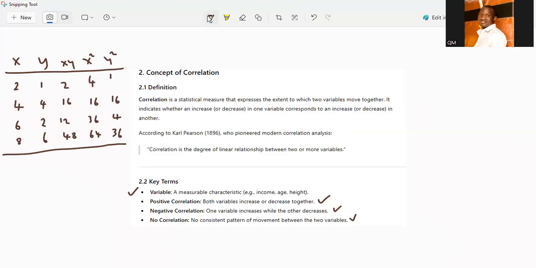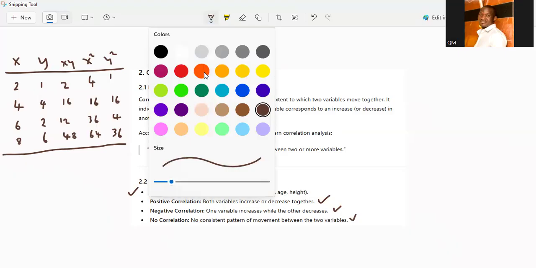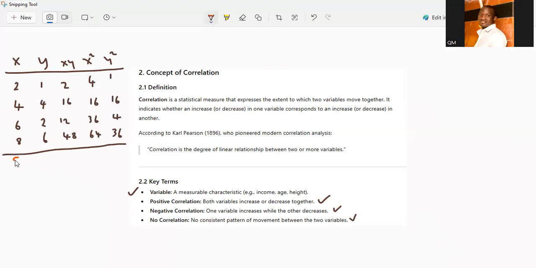So this is the summation of x, the summation of y, and the summation of xy. I hope you have calculators. You can use the calculator to input this data and all of it can be solved. So what's the total here?